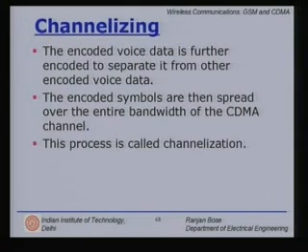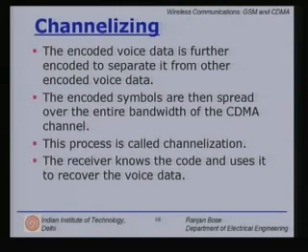This process is called channelization. The receiver knows the code and uses it to recover the voice data. So, every channel uses its own PN sequence to spread the data, and the receiver de-spreads the data.